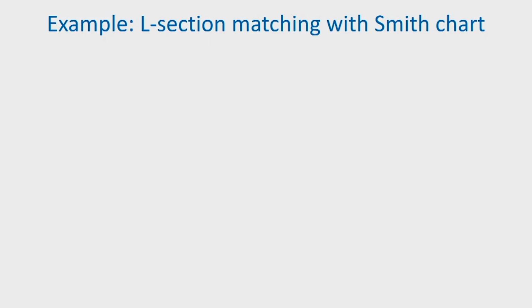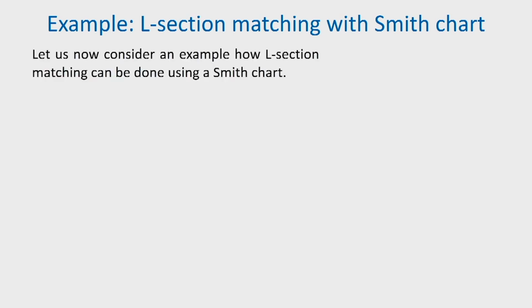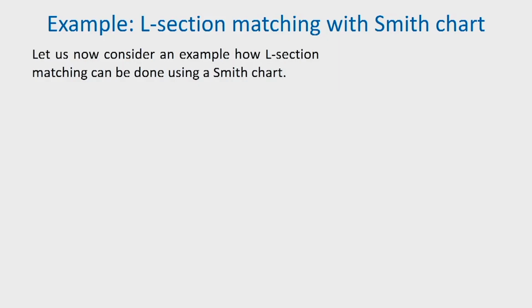Let us now consider an L section matching network design using Smith chart. We consider an example of how the values for the elements of an L section matching network can be found out using a Smith chart.